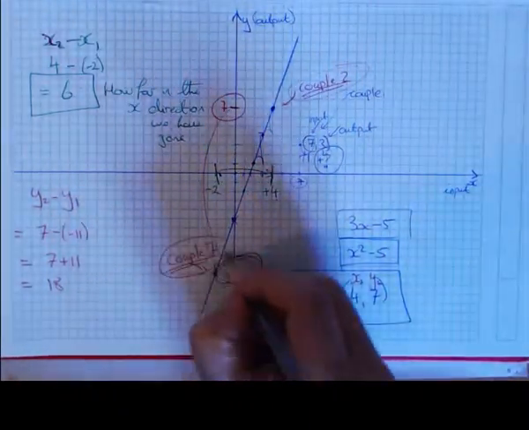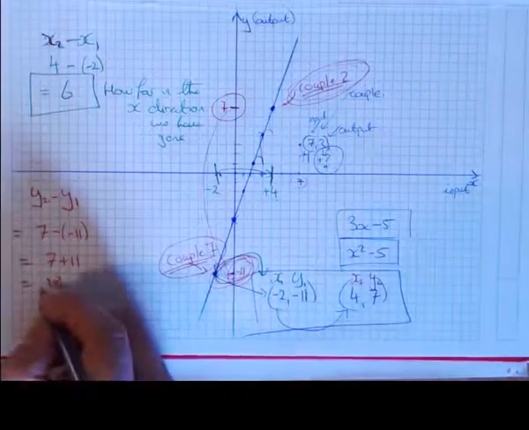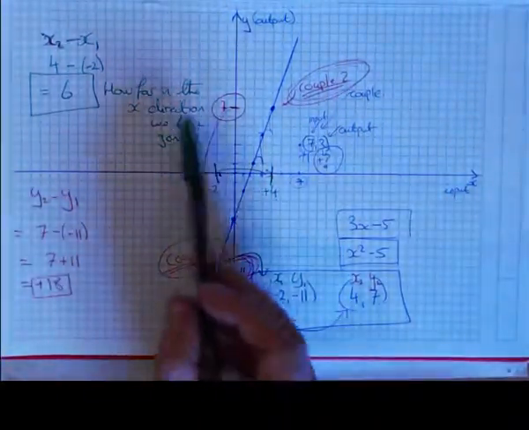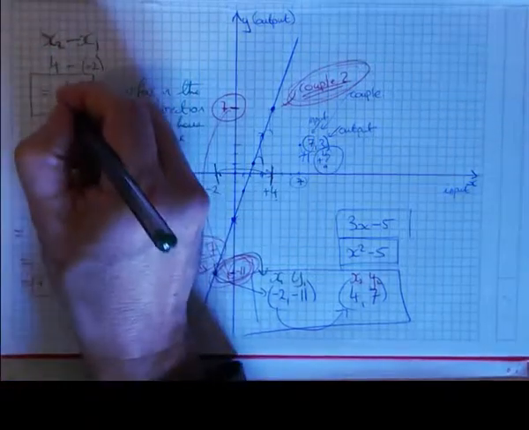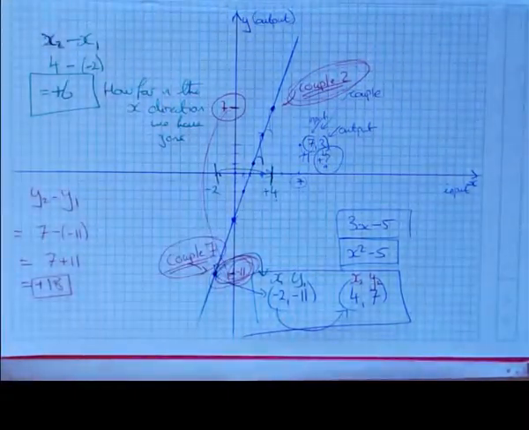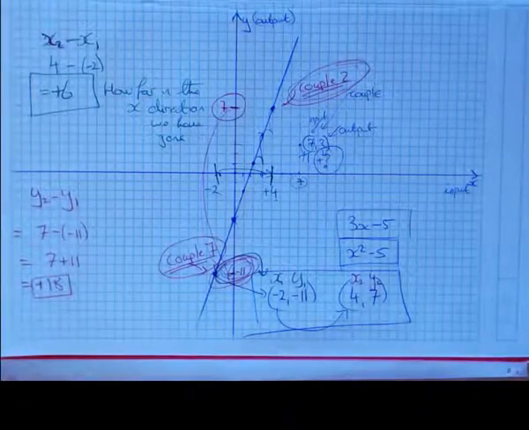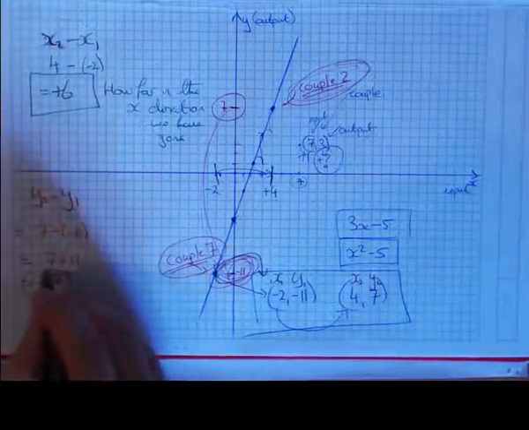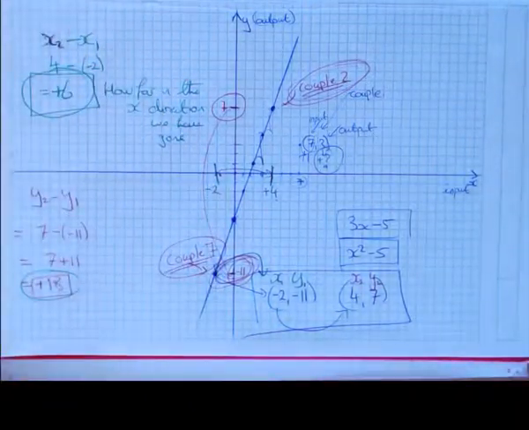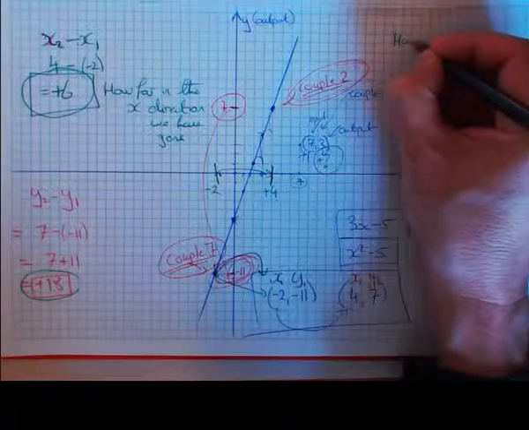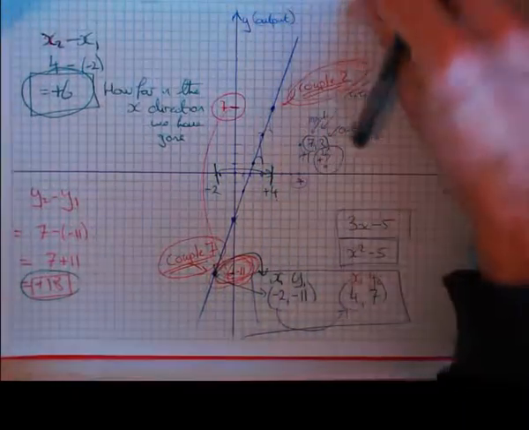So to go from couple 1 to couple 2, we've gone up 18 places. To go from couple 1 to couple 2, we've gone across 6 places. To find the slope, we need to know how much have we gone up for each one of these. Let's just write this down.